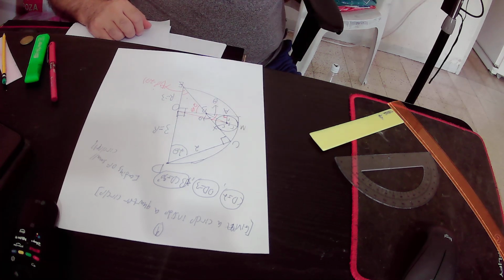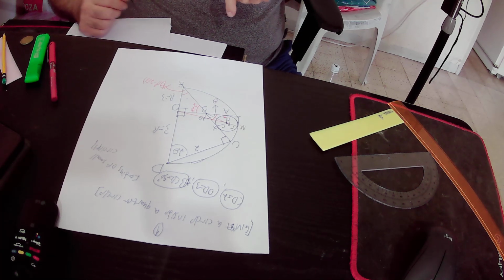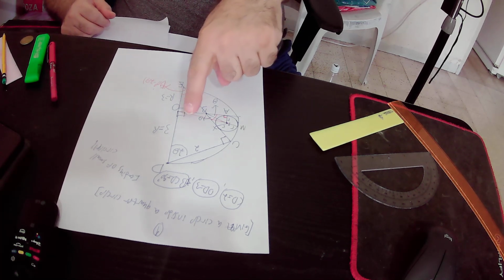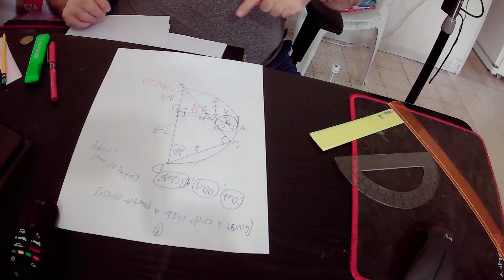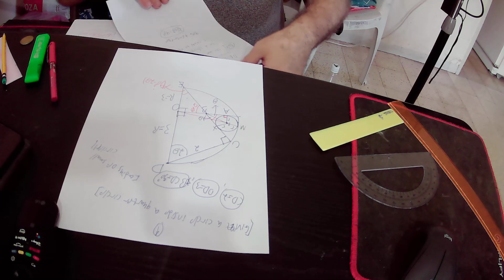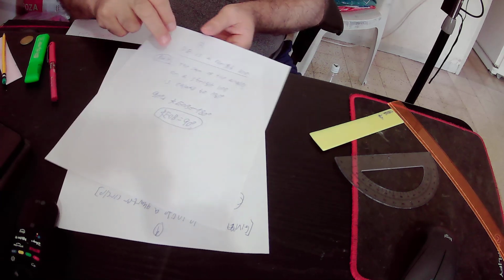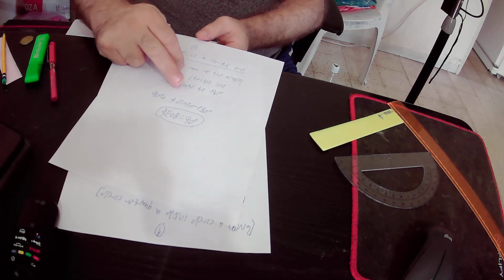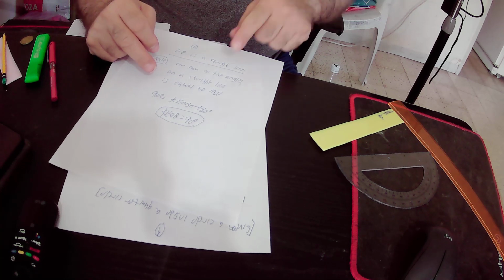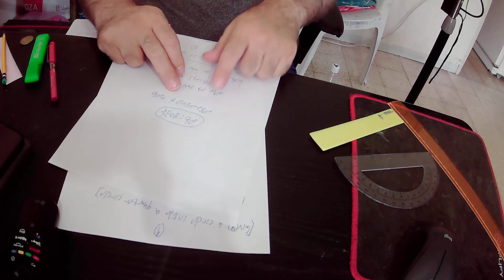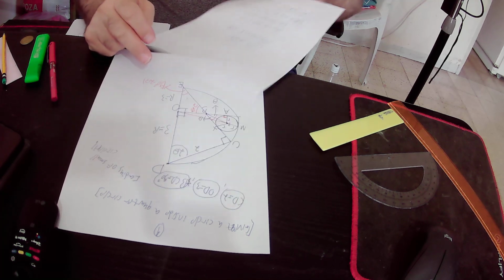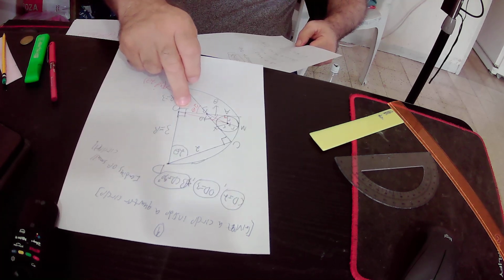Therefore, we have a rule that the sum of the angles on a straight line equals 180 degrees. So 90 degrees plus the size of angle EOB must equal 180 degrees. Here we subtract that 90 degrees from this equality, and we get that angle EOB equals 90 degrees. So this is also a right angle.